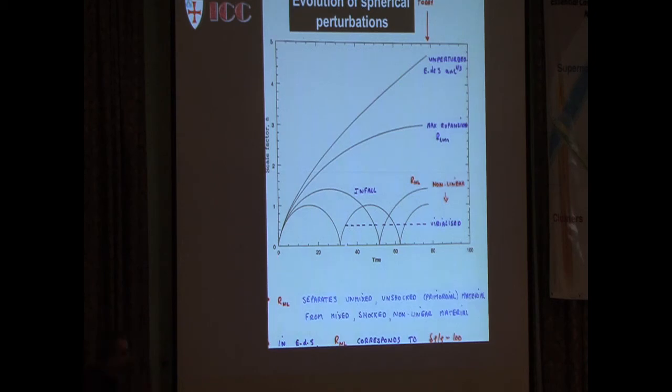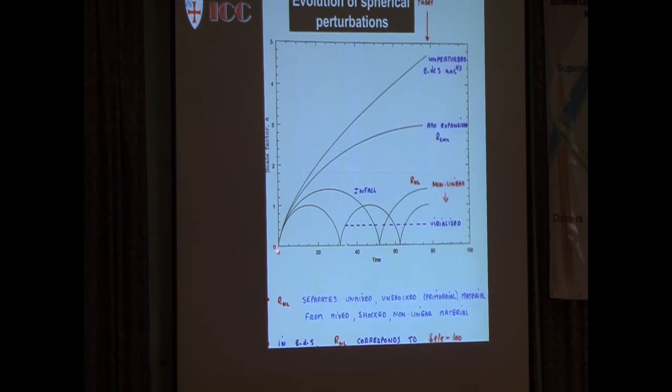So let's look at the evolution of these perturbations. All the linear theory that I've been talking about so far refers to the evolution here, right? And as soon as this dimensionless density contrast becomes of order unity, in fact much before that, the linear theory breaks down. And so linear theory only describes what happens here.